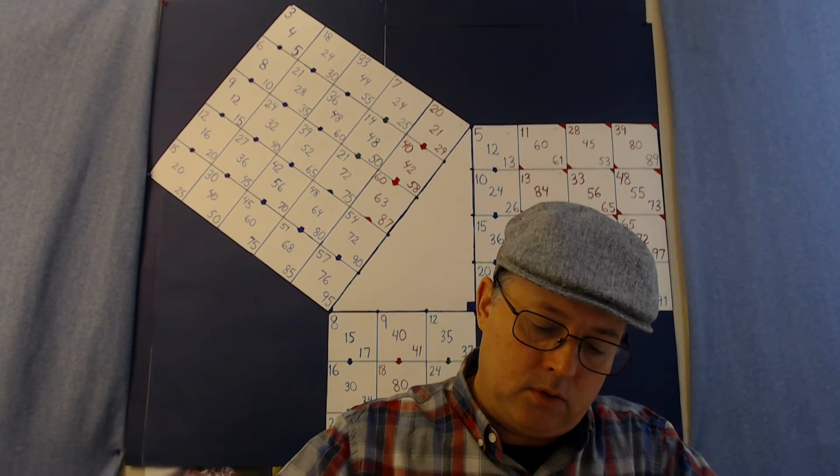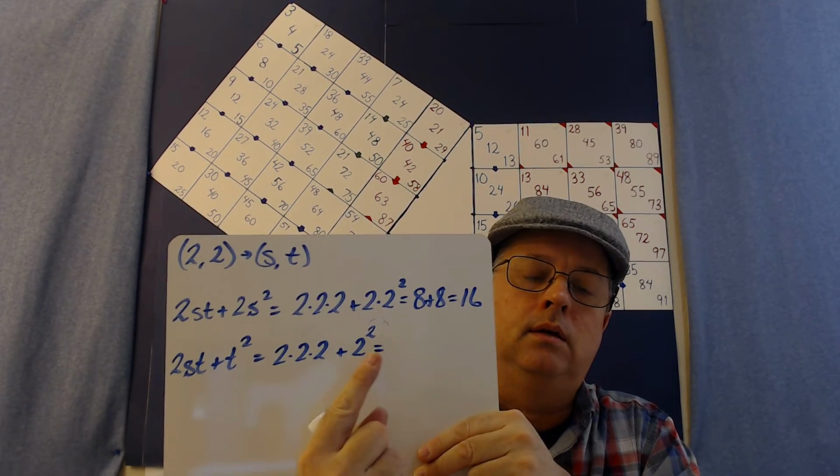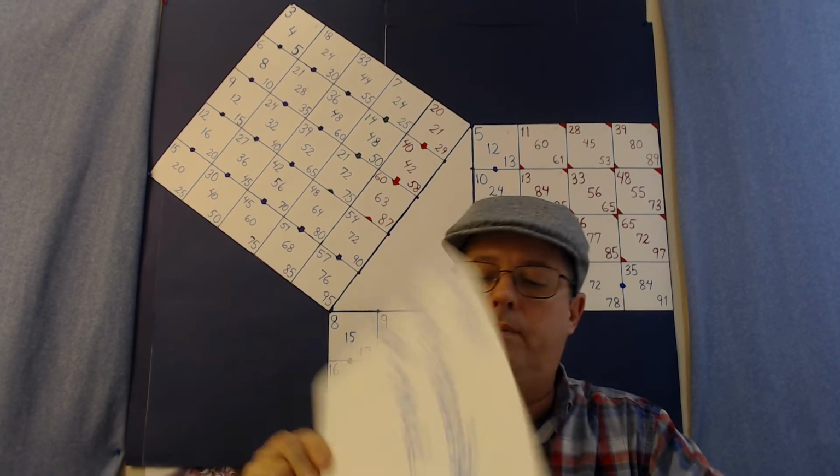And then if we have the 2st plus t squared, that's going to give us 2 times 2 times 2 plus 2 squared. Here again we have 2 times 2 is 4, times 2 is 8, and then 2 squared is 4.